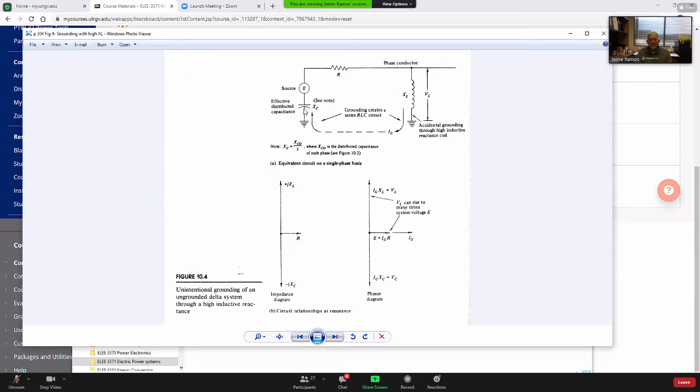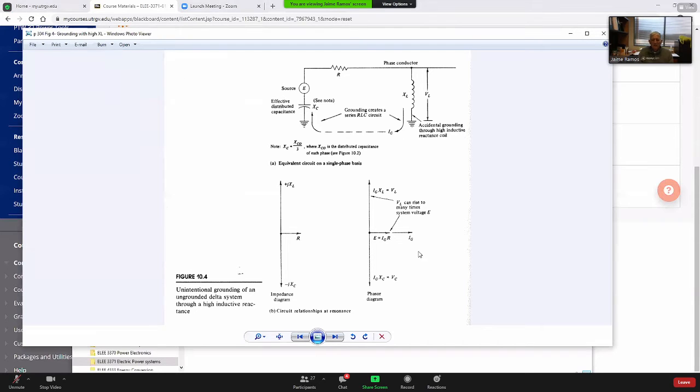Remember, capacitance is negative jX, inductance reactance is positive jX. So XC and XL can cancel, and then a very high current can circulate, and also through this XL, and therefore the voltage on this motor on the phase conductor can be very high.